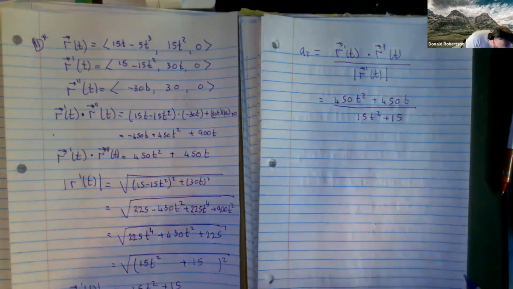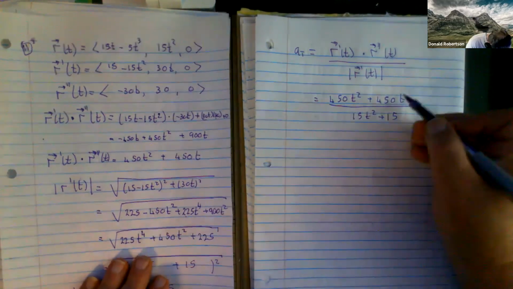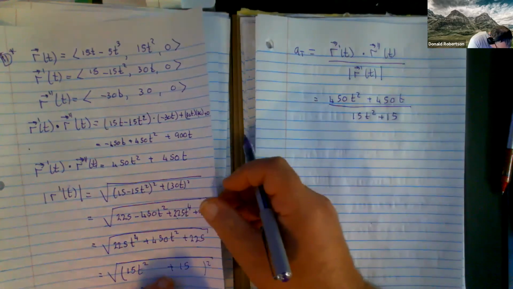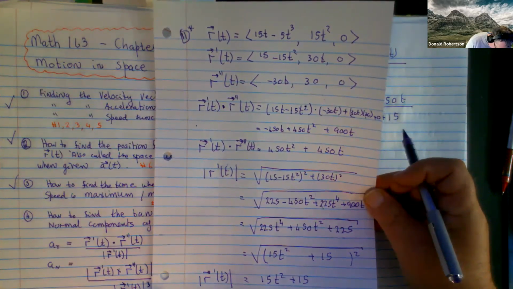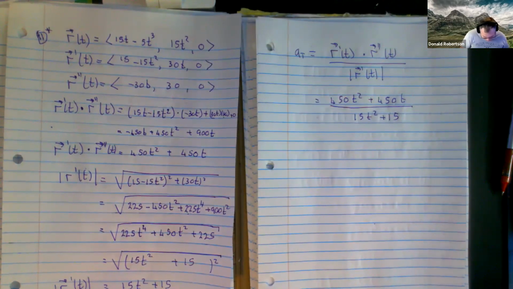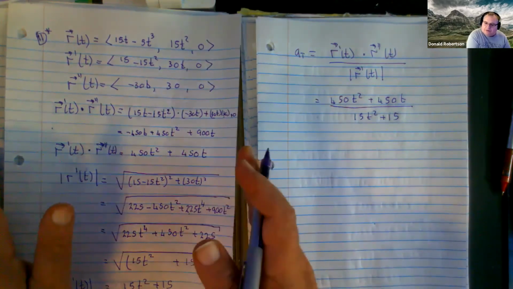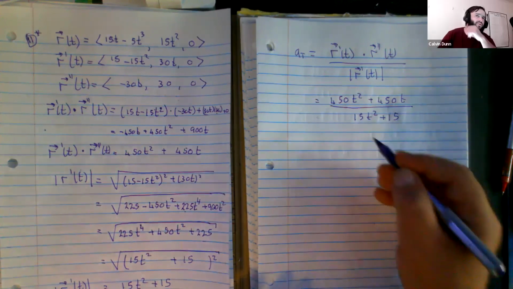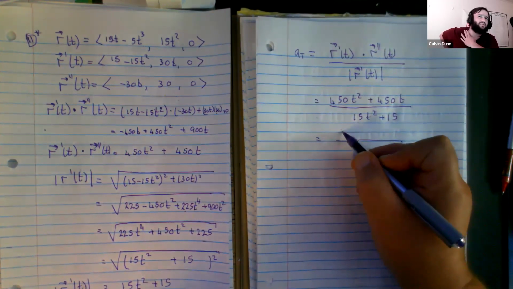Is that 450t still there? Let me check. Is there any tidying up I can do on this? I can see a little. Could we reduce that 450t squared and that 15t squared?